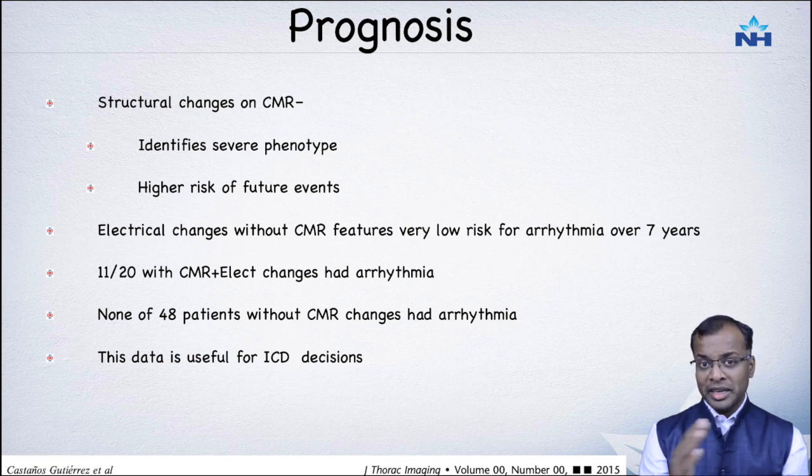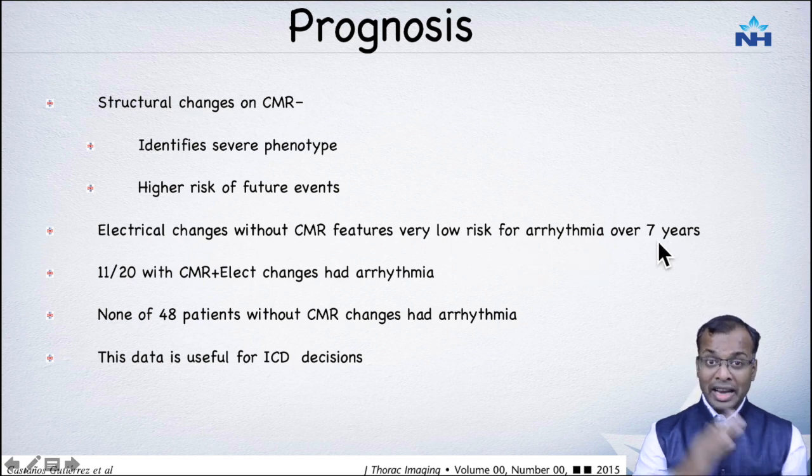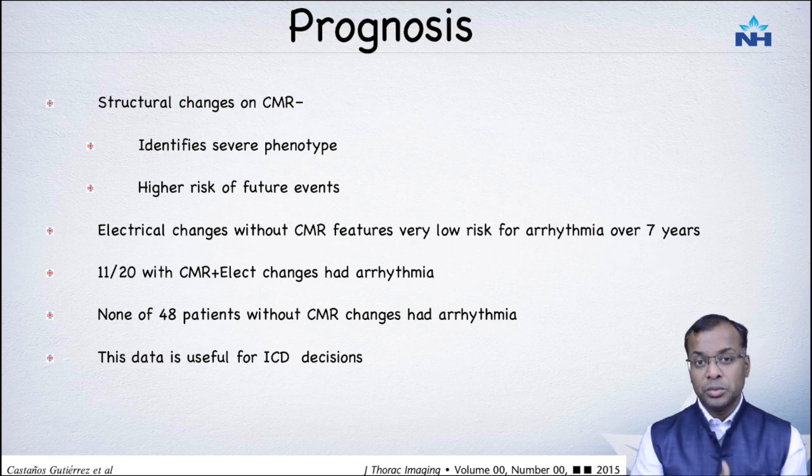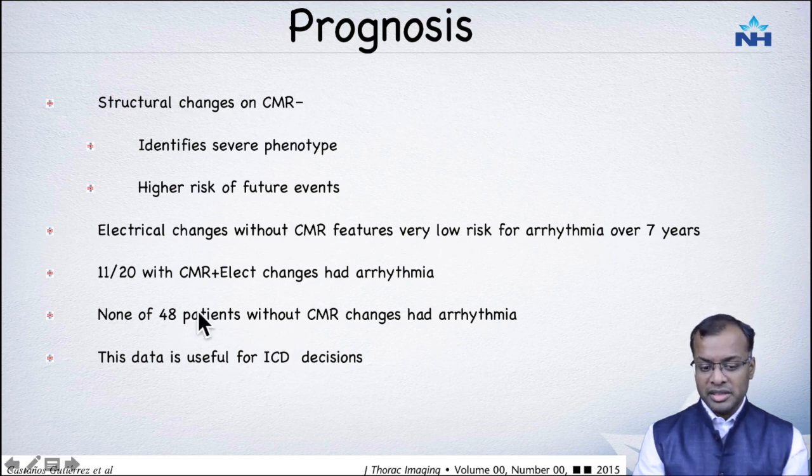Okay, patients who had electrical changes without cardiac MR features were at very low risk for arrhythmia over a 7-year period. But if you had MRI features along with other parameters, then you would be more likely to have risks. None of the patients in a study of 48 individuals without CMR changes had arrhythmia.